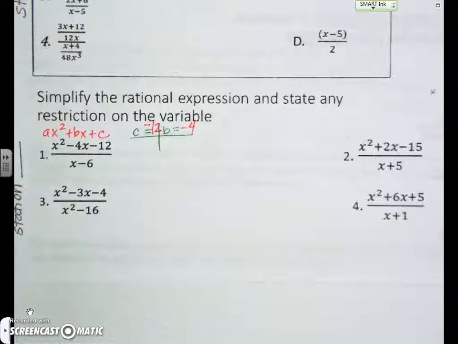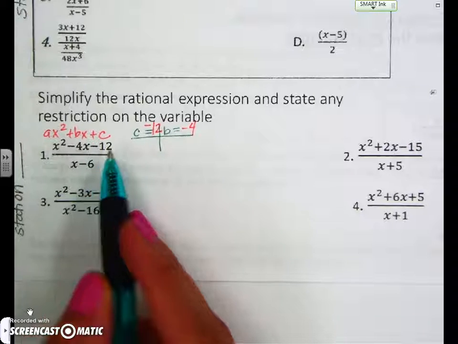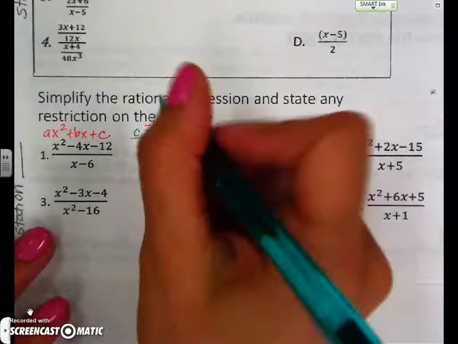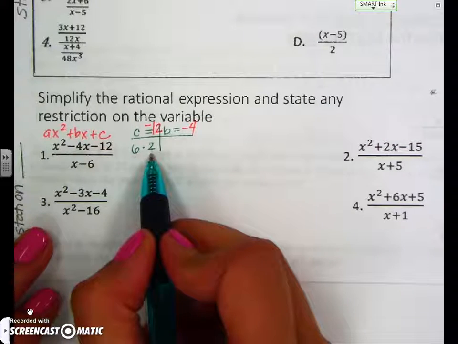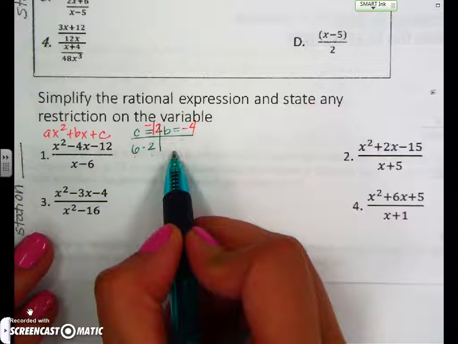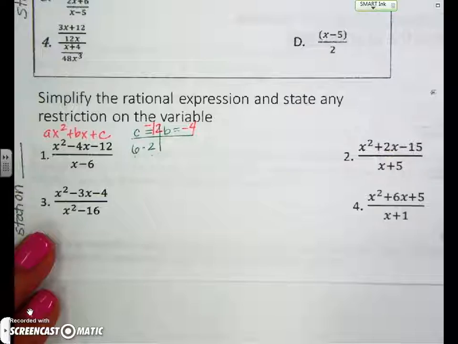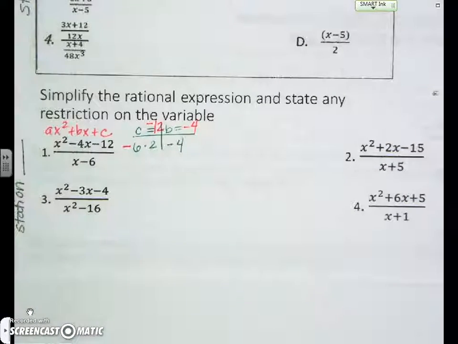What numbers can I multiply together to get 12? Yeah, 6 times 2. If I add 6 and 2, do I get 4? No, but what if I make one of them negative? -6 plus 2, and then it will be -4. Good.